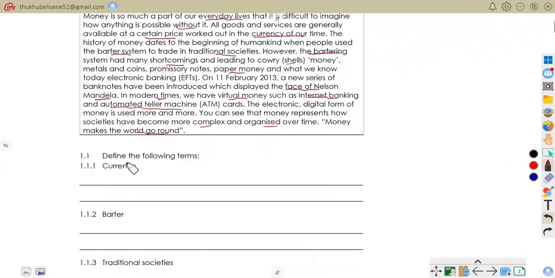1.1 says define the following terms. So 1.1 is currency. We are to define currency.